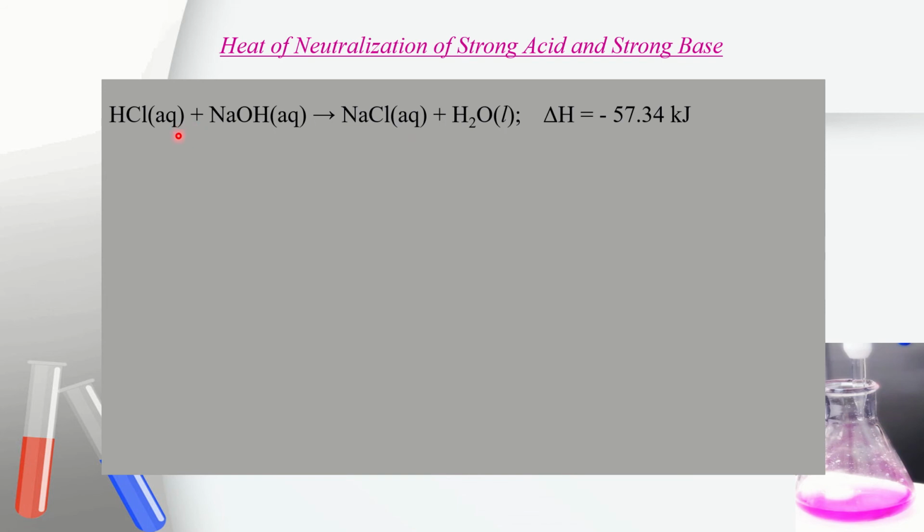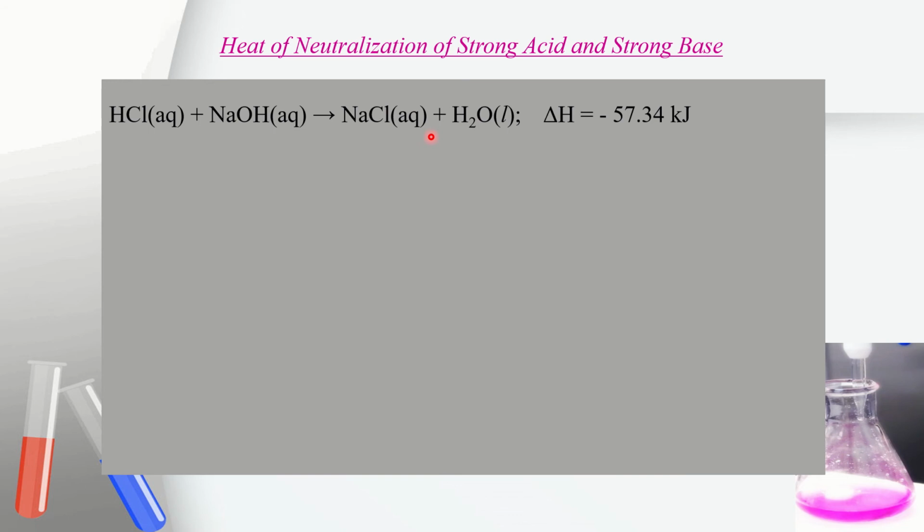When any bond is broken, a fixed amount of energy is needed to break it. That means a fixed amount of energy is absorbed by the reactant molecules, and when new bonds of the product are formed, a fixed amount of energy is produced.